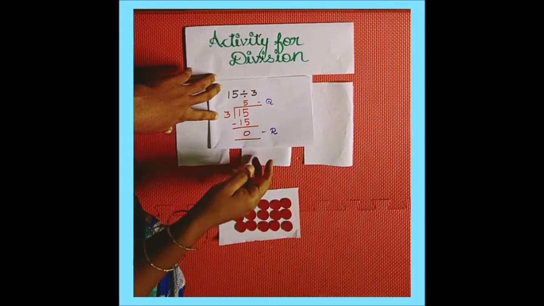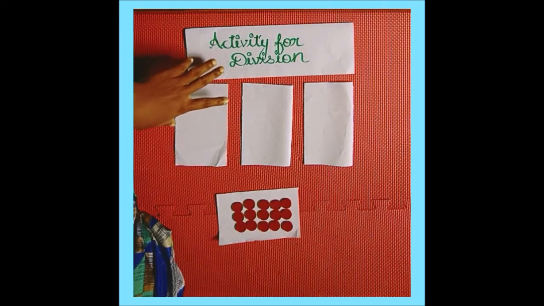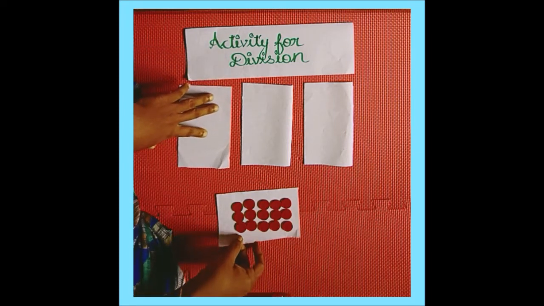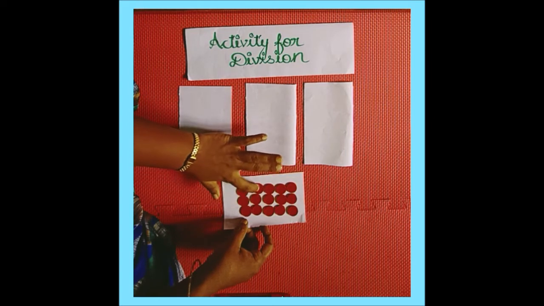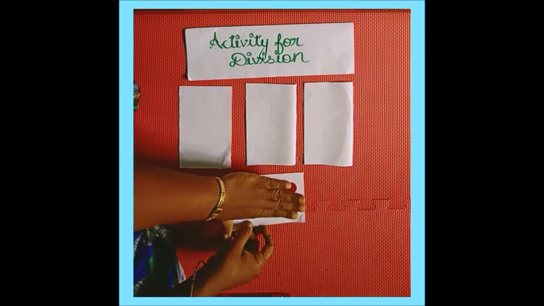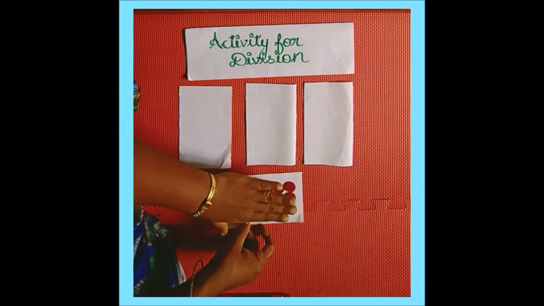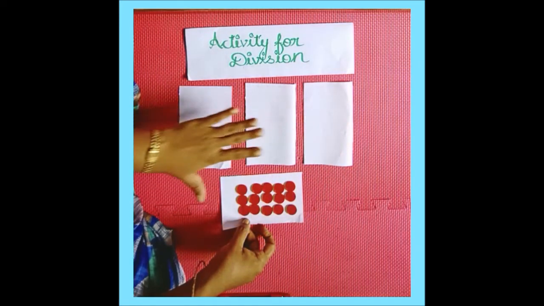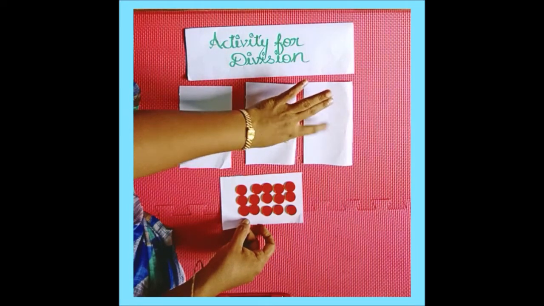Now we are going to do the activity for this division. For that you have to take how many coins? Yes, 15 coins. Let us count. 1, 2, 3, 4, 5. So 5, 10, 15 coins are there. Now we are going to divide these 15 coins into 3 equal parts. Why do we have to divide into 3 equal parts? Because our divisor is 3.